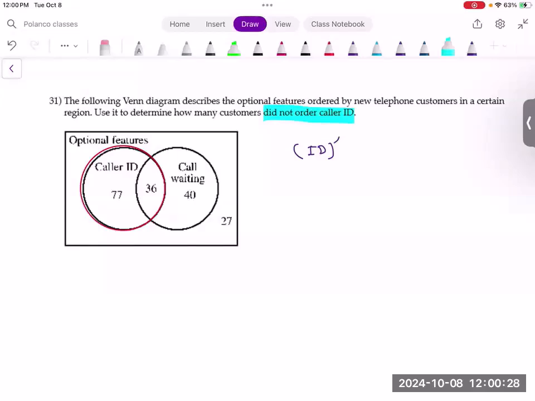So let's shade the outside. This is the outside of the caller ID. And what I want you to see technically is the numbers that are outside of the caller ID are 40 and 27, right? And what you're going to do is just add them up, 40 plus 27, that's going to be 67. That's what you're looking for.